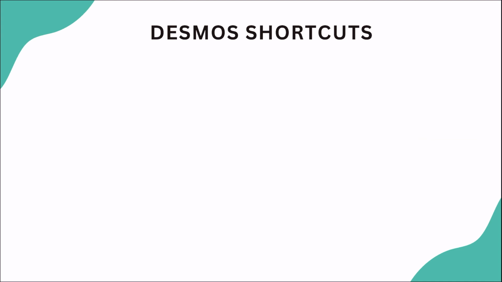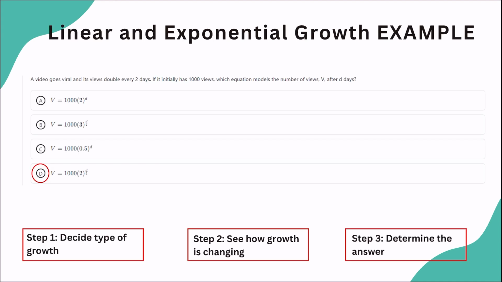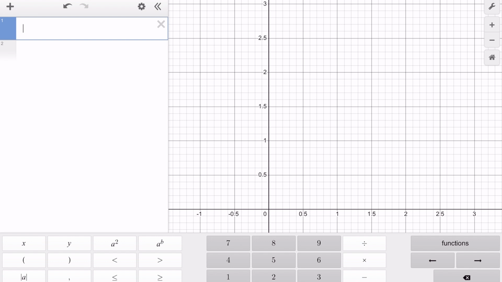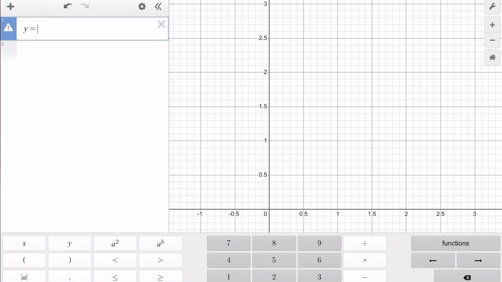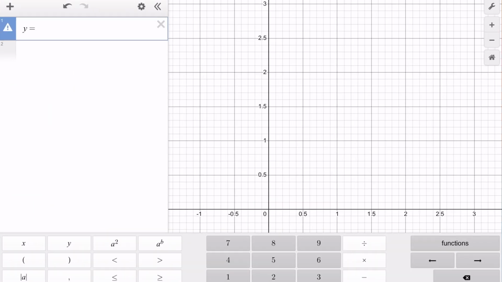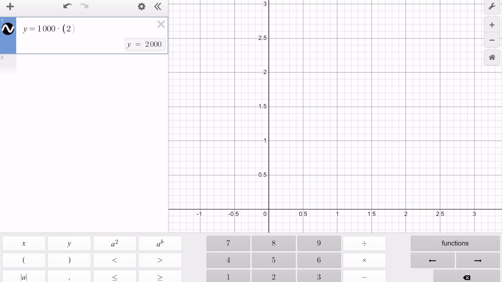So for these, Desmos can definitely be useful. So let's go back to this question that we had. I'm just going to plug this into Desmos so you can see what the graph looks like, and we can do a little bit of a sanity check. Now that we're in Desmos, we have y equals 1,000 times 2 to the power of x divided by 2.